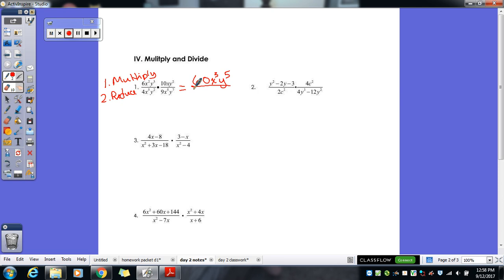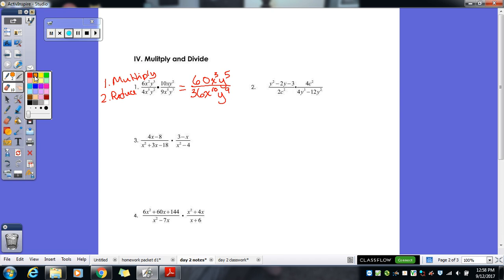Then multiply the bottom, 4 times 9, 36. We get x to the 10th and y to the 9th. So now we'll reduce. What's the largest number that goes into both 60 and 36?